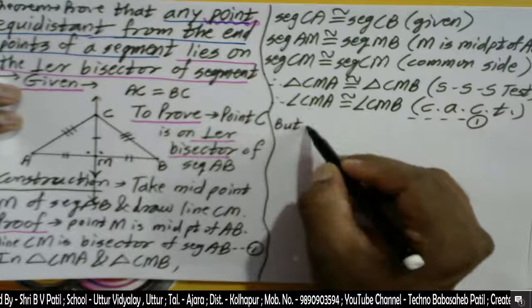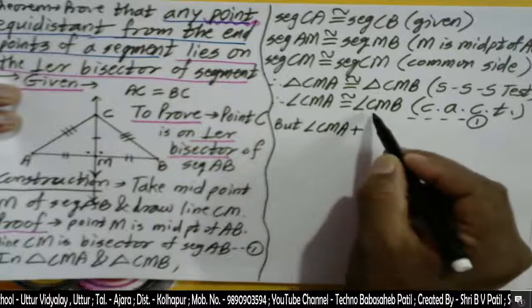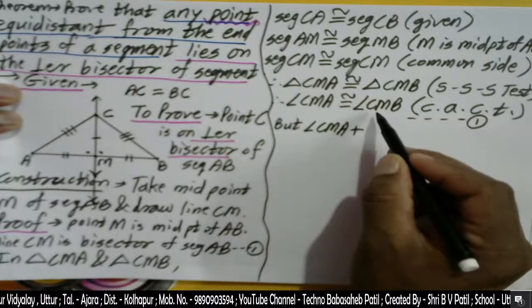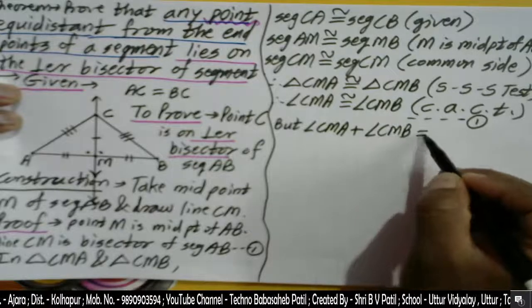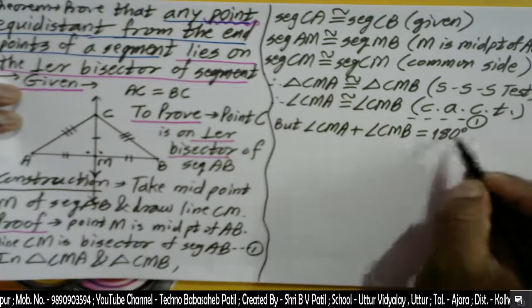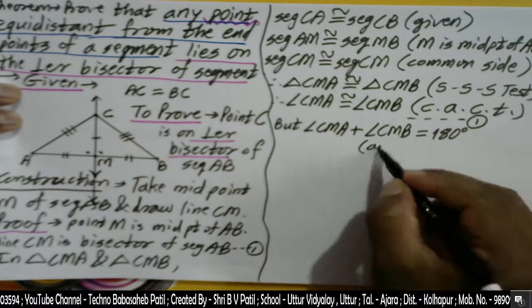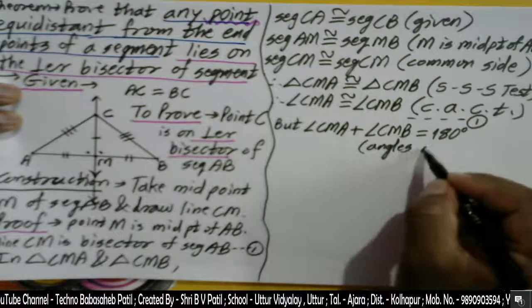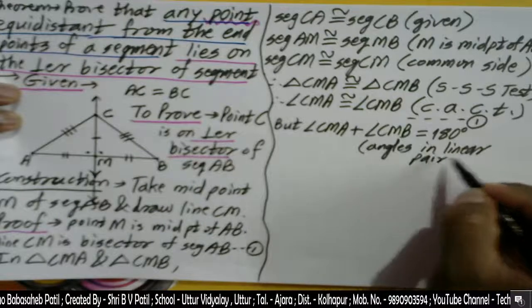That is, angle CMA plus angle CMB is equal to 180 degrees, and the reason is angles in linear pair.